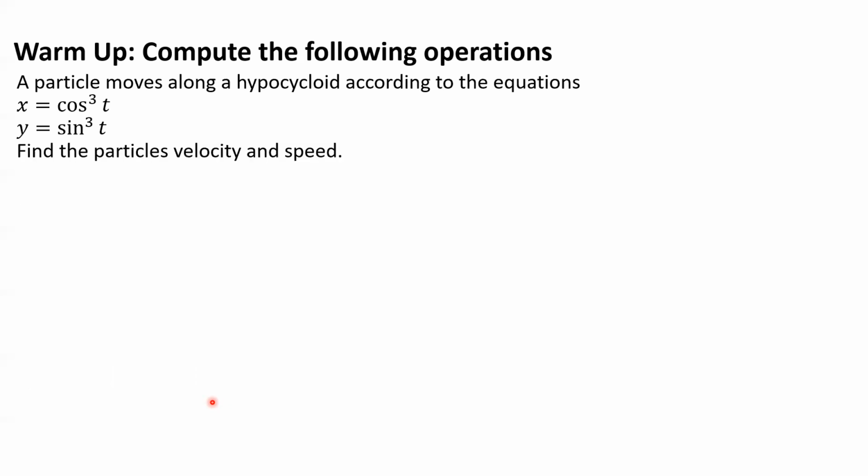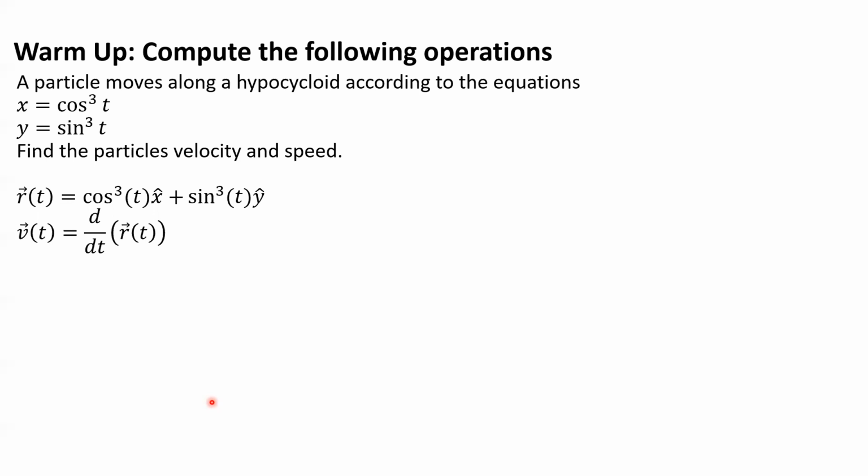Okay, good. So the velocity is the derivative of the position vector. So what's the derivative of cosine cubed x? Okay, and then the second. Okay, very good. So we're taking the derivative. Keep in mind, we're not going to be focusing on analytical methods today.